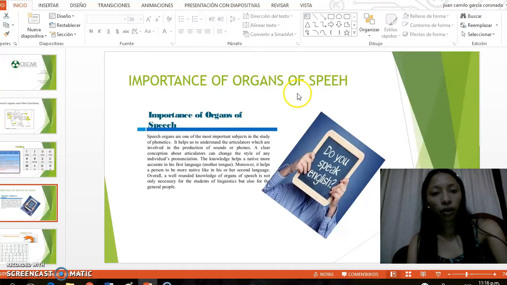Now read, assure me. Speech organs are one of the most important subjects in the study of phonetics. It helps us to understand the articulations which are involved in the production of sounds.